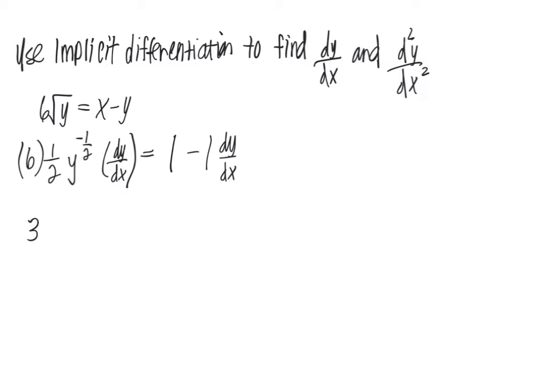So this cleans up a little bit to be 3y to the negative 1/2 dy/dx. I'm going to go ahead and move the 1 dy/dx over to the left side.